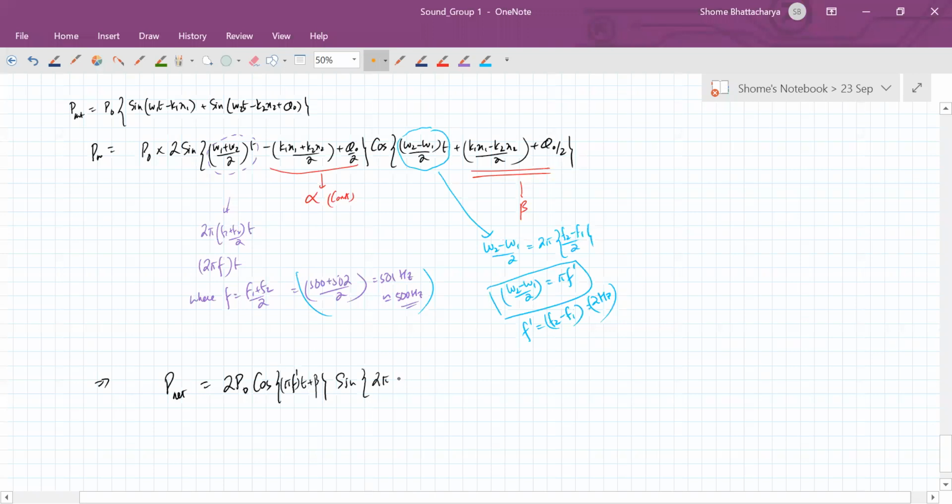This kind of a term. Now further, when we write it like this, we will separate out this term, because what is happening is this is a term that slowly varies with time.